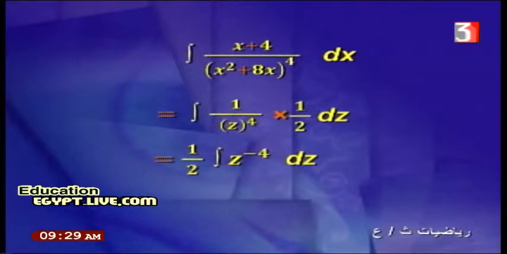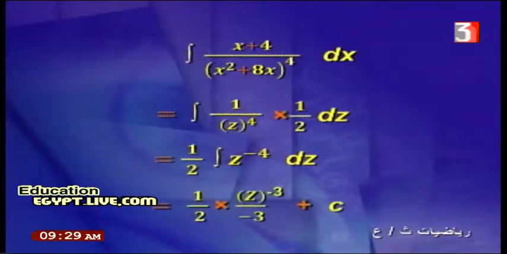The integration now in terms of z. Then the integration of z power negative 4 equals z to the power negative 4 plus 1, which equals negative 3, divided by the new power negative 3, plus the constant c.